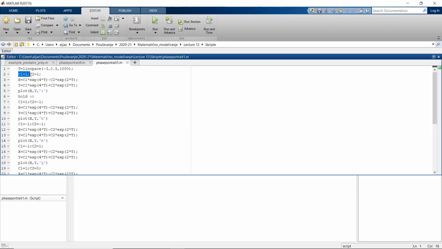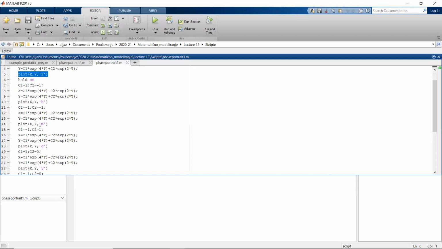And then I put C1 and C2 to 1 and just computed the values of x and the values of y. So this is x1 and x2 in our notation. And then I plotted the solution curve with red. And then on the same picture, I plotted the solution where C1 is 1 and C2 is -1, and all the other 2 possibilities as well, when both are negative and when one is negative and one is positive, with different colors, of course.